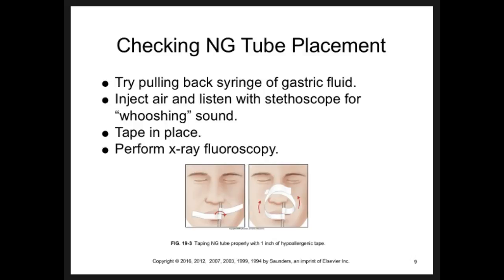The other way they check it is they use their stethoscope and listen for a whooshing sound when they inject a little air into the air tube of the NG tube, to make sure they're right in the stomach where they should be. But then, x-ray, of course, if they're not sure.